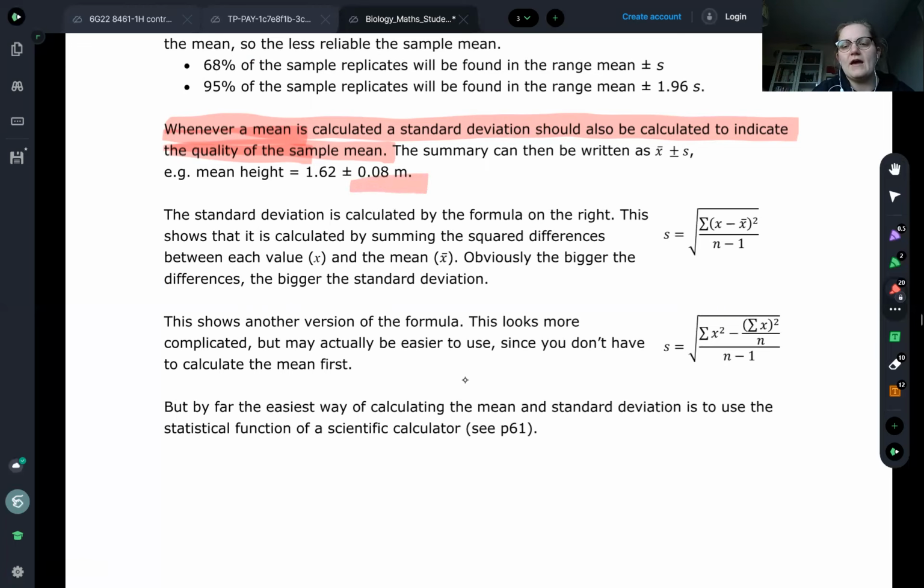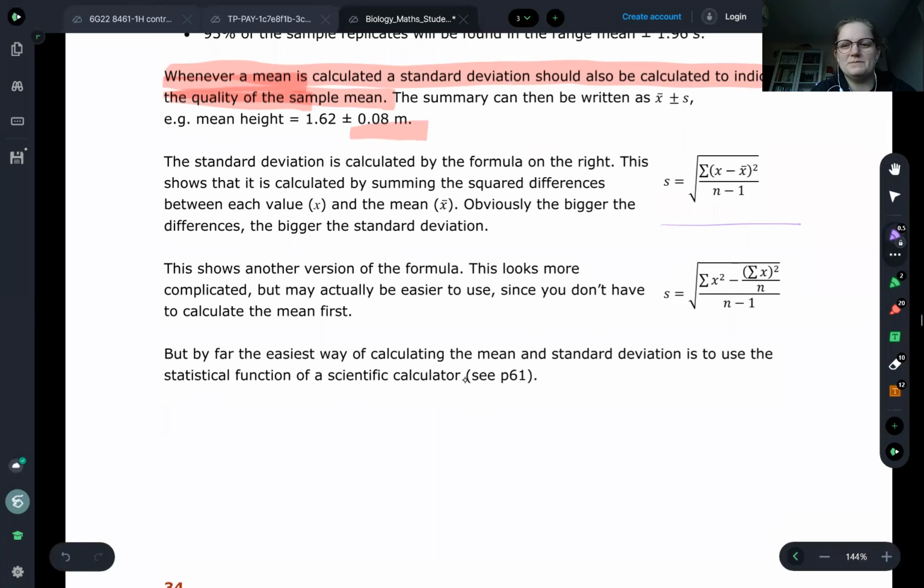So we can calculate standard deviation using this formula here. It's calculated by summing the squared differences between each value and the mean.